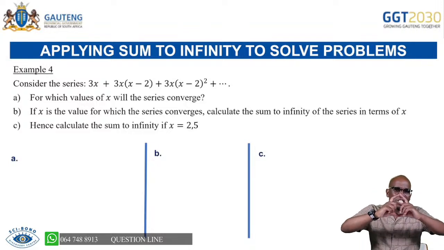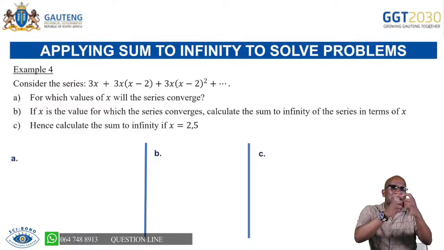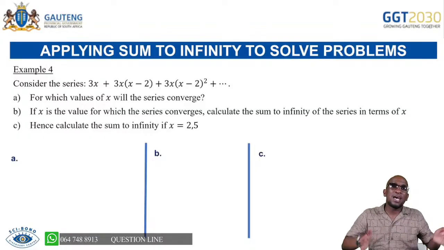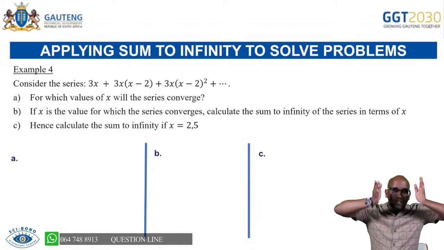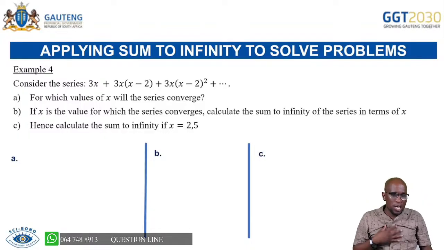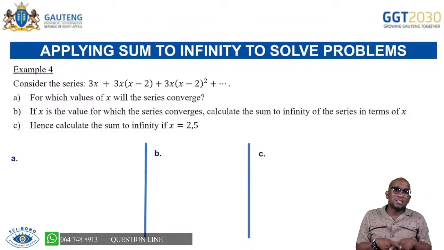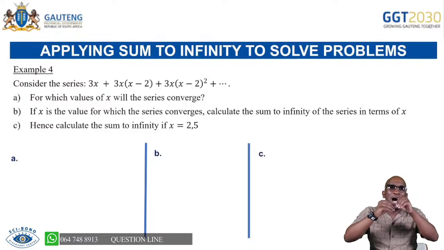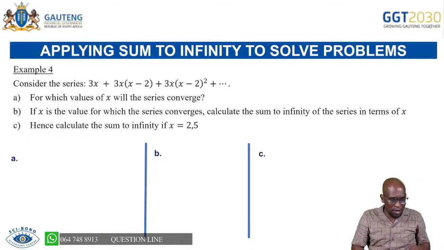Remember, the condition for convergence and existence of sum to infinity is that R should be trapped between -1 and 1. So we are going to work out R in terms of x, and then subject it to that condition, and then we will know that the series will converge if the values of x are trapped within these parameters.